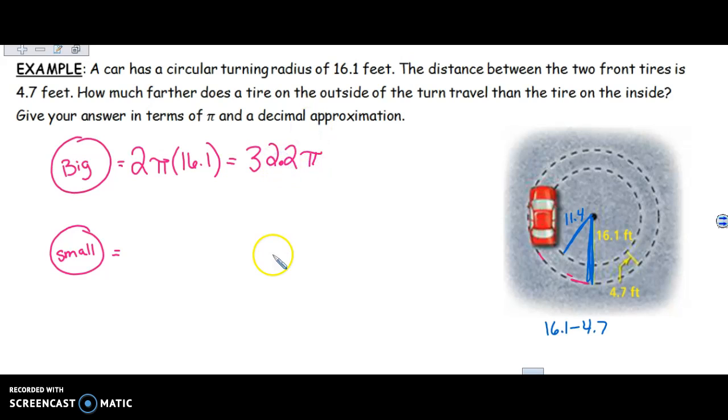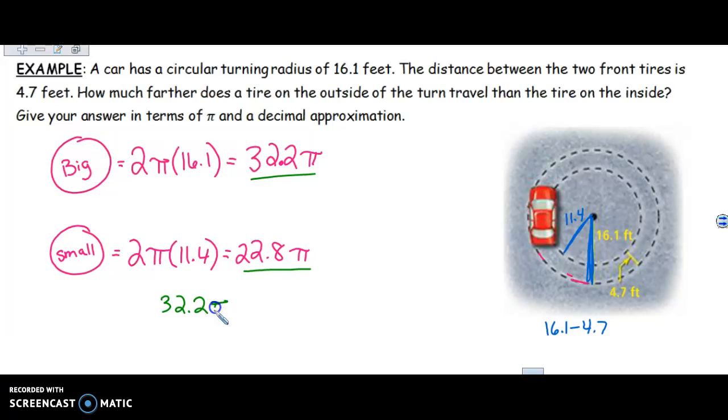You can just leave the pi behind it and multiply the 2 times the 16.1. Then for the small one, we take 2 times pi times the radius of 11.4, which gives us 22.8 pi.